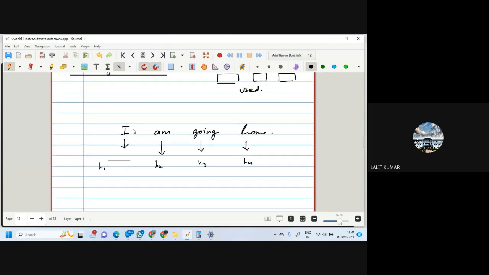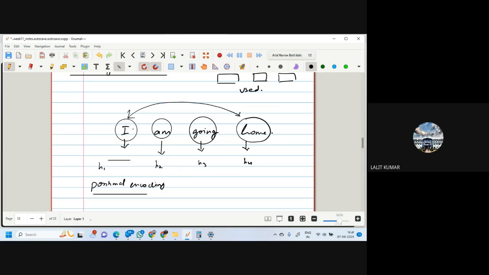Along with this, there is something called positional encoding. Positional encoding basically defines how the words are positioned in this statement. For example, I and home are far away, I and am are close, am and going are close.